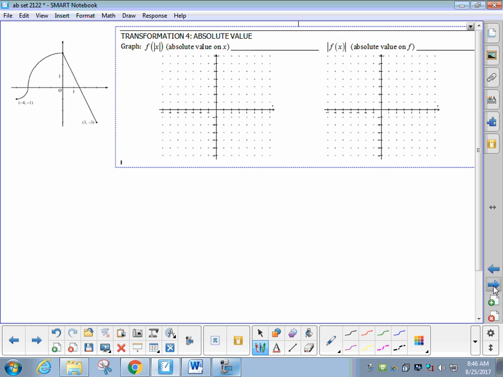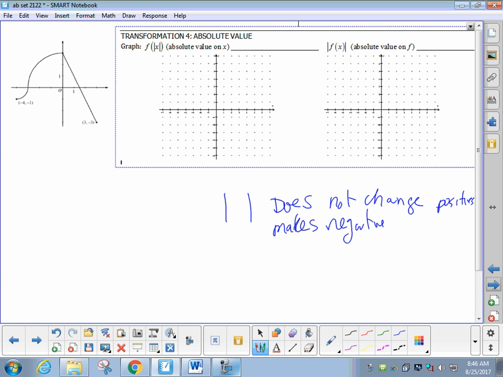Actually, let's go here. Big idea of absolute value: it does not change positives. It makes negatives into positives, and therefore it makes negatives behave like positives.